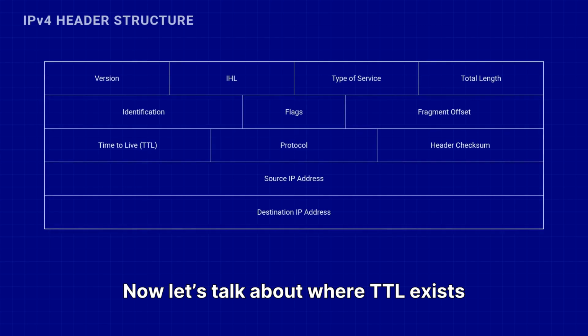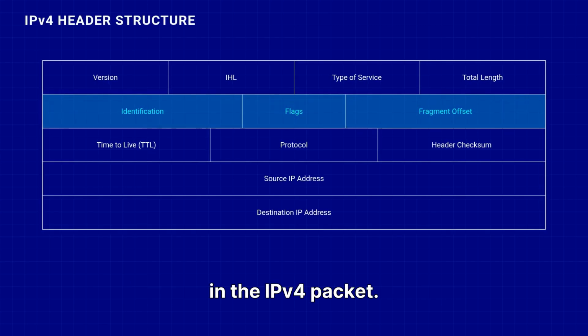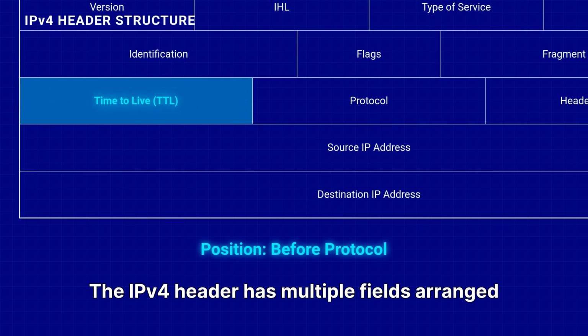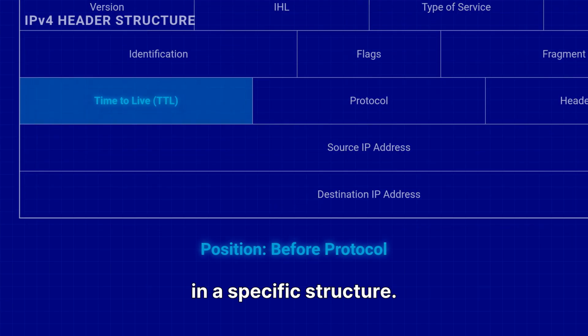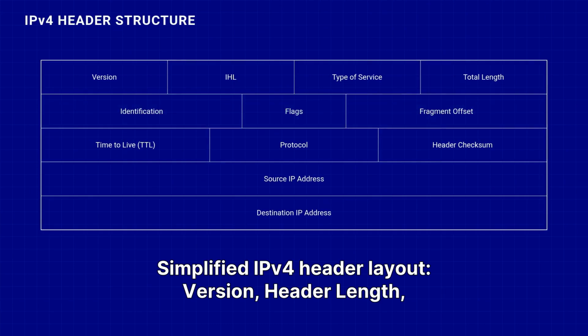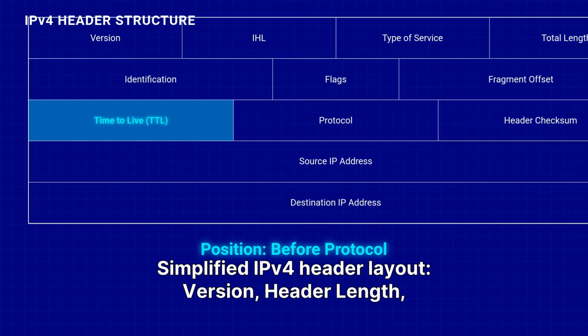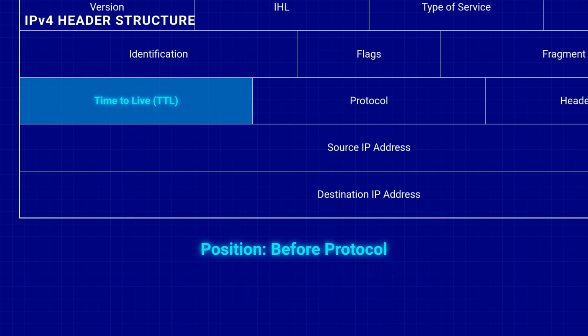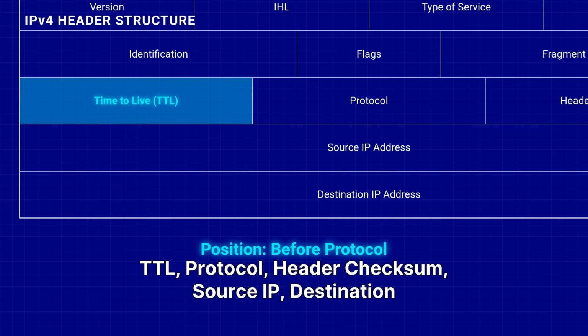Now let's talk about where TTL exists in the IPv4 packet. The IPv4 header has multiple fields arranged in a specific structure. TTL is located right before the protocol field. Simplified IPv4 header layout: version, header length, DSCP, total length, identification, flags, fragment offset, TTL, protocol, header checksum, source IP, destination IP.